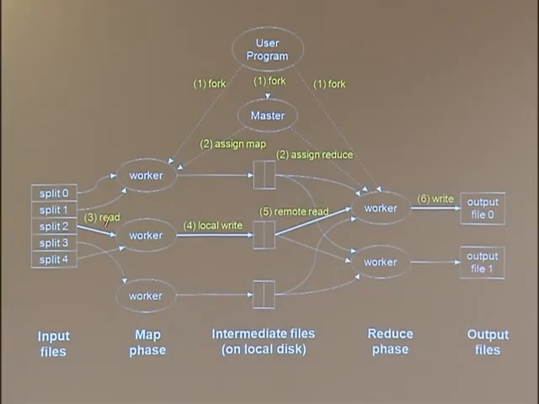It's got to split the input and send it to the workers. The workers run the mappers and generate intermediate output, which gets temporarily written onto local disk, and then remote read by the workers running the reducers. This is the complex sorting and shuffling process that goes on. Finally, the output is written to disk.